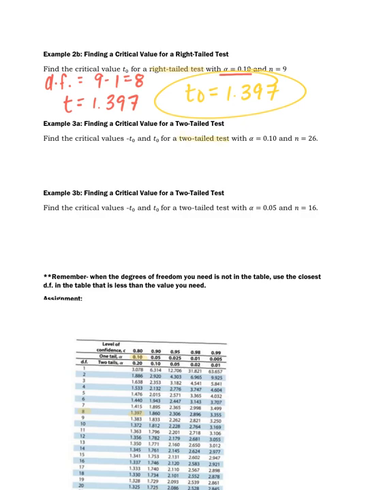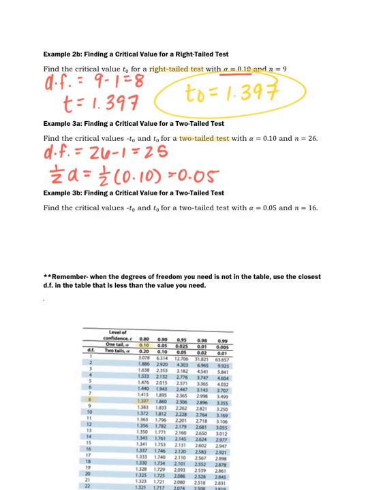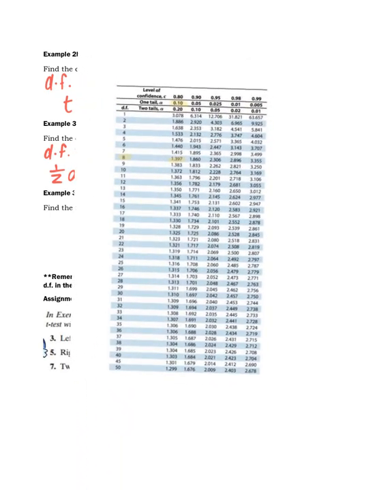Okay? All right, next one is the two-tailed test, and that's where you have to be a little bit careful because you're not actually using that 0.10 level of significance in your chart. So we first do the degrees of freedom, which would be 26 minus 1, giving me 25. But then we have to take half of our level of significance because it's being split up into two tails, the tail on the left and the tail on the right. So half of 0.10 gives me 0.05. So when you look on your chart, you're actually looking at degrees of freedom 25 and level of significance one tail 0.05.